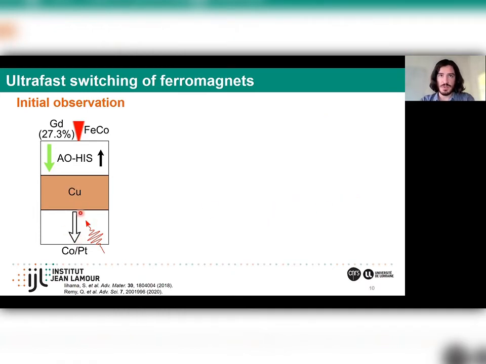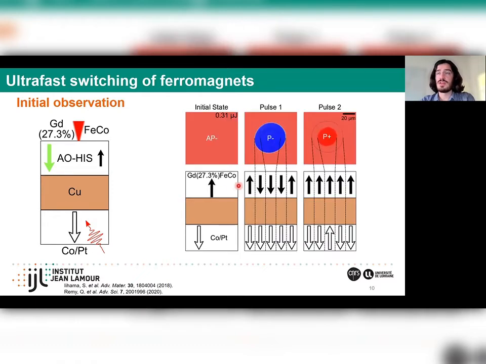Now, if I start with the cobalt platinum and gadolinium magnetization parallel, I see that after the first pulse, no matter what the intensity of the light is, I only reverse the magnetization of the gadolinium iron cobalt. I need a second pulse to reverse the magnetization of the cobalt platinum.